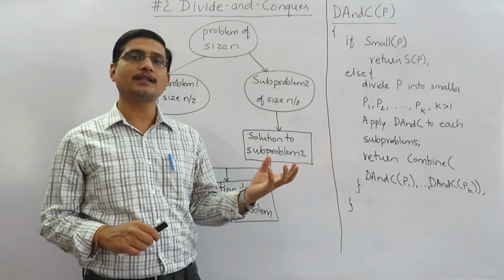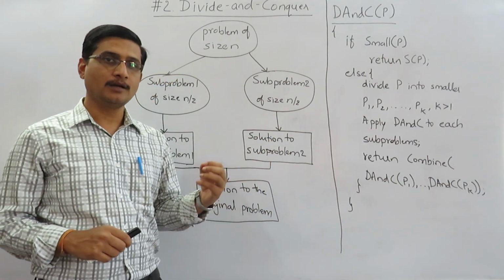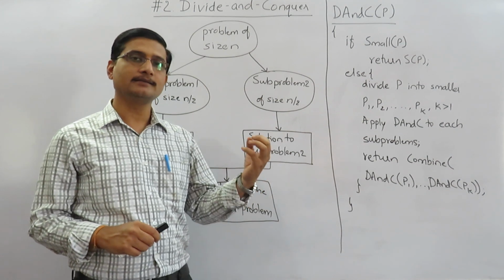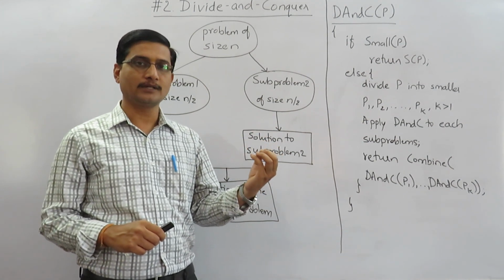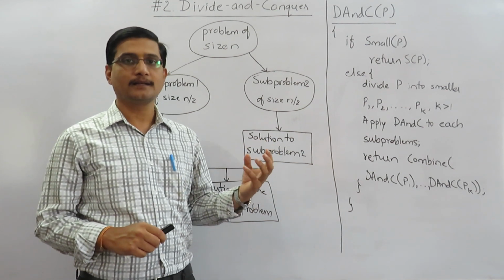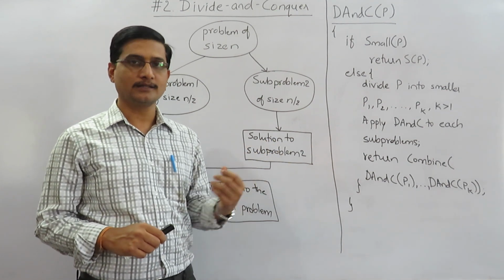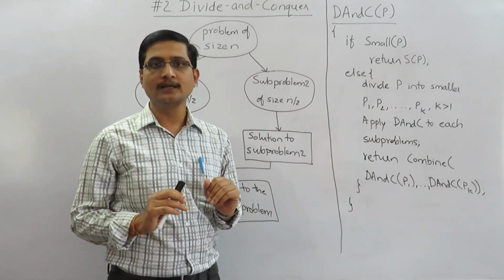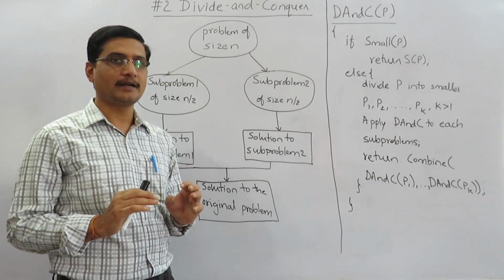Then an algorithm is employed on the smaller problem to get its solution. Then the solutions of the smaller problems are combined to get the solution to the original problem. This is the general method of designing an algorithm using divide and conquer.